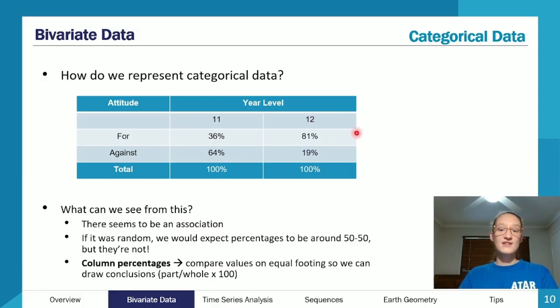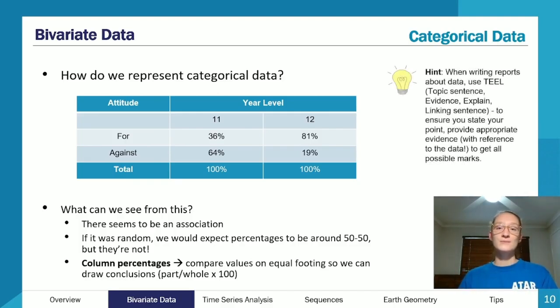But what they've done to this table is convert it to percentages so that we can compare our values on equal footing. Because if we had interviewed a different number of year 11s and 12s, it wouldn't be fair to compare the raw numbers, but by converting to percentages, we can compare on equal footing. So that's important to note as well.